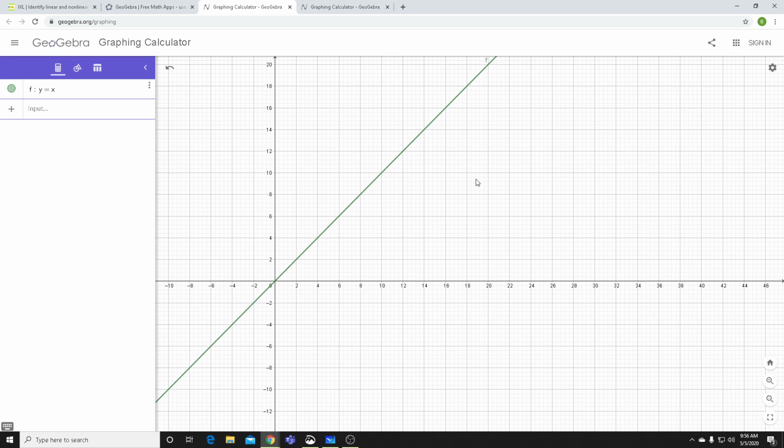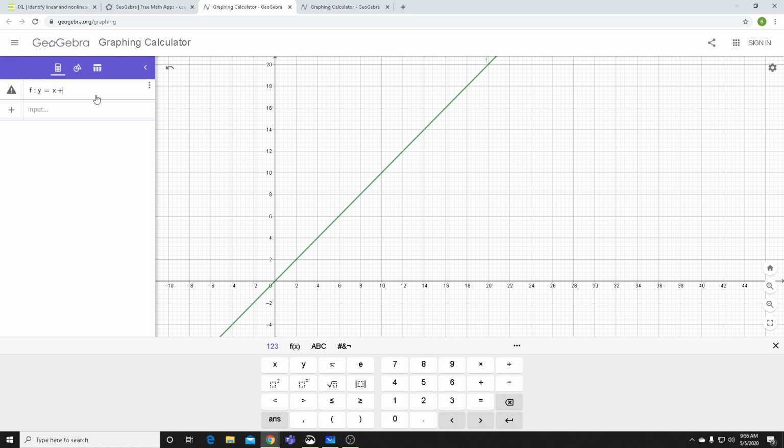In this case, it's also something called your slope. So our slope is 1, our y-intercept is 0. If I add 10 to this, notice that the incline of this line doesn't change at all, but the whole line is going to shift upwards to right here. The y-intercept is going to go from here to here as soon as I press enter.